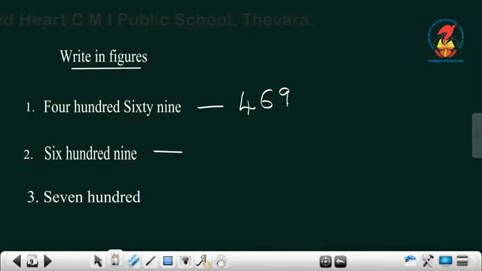How will you write in number form? 6. Do you have any number in tens place? No. So you will put 0. And in ones place we have the number 9. Then 700. You have only a number in hundreds place, that is 7. Do you have any number in tens and ones place? No. So you will put 0. Got it?